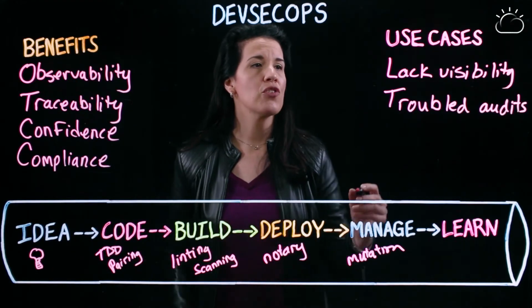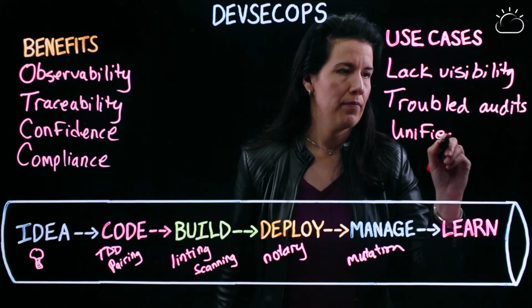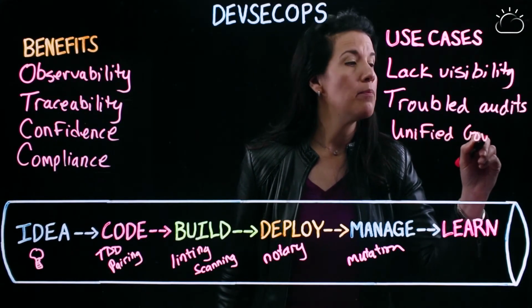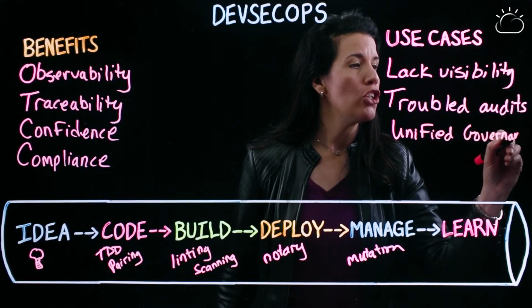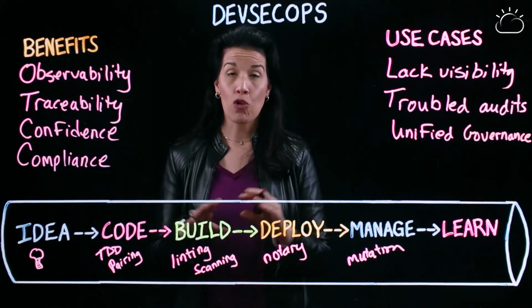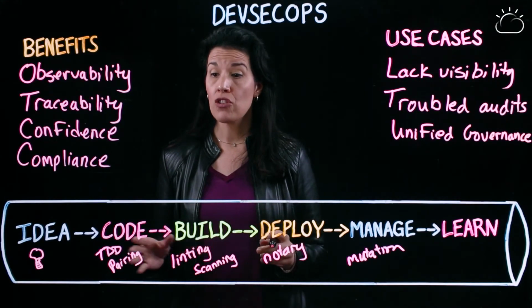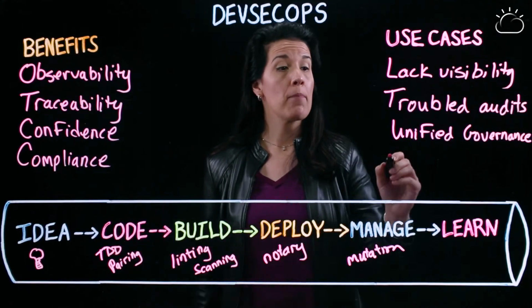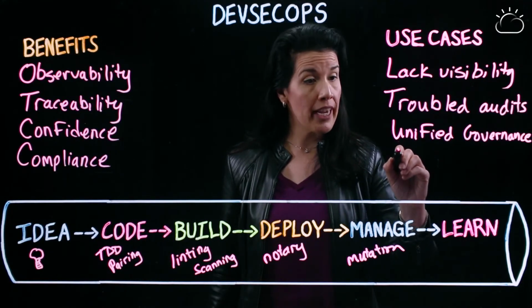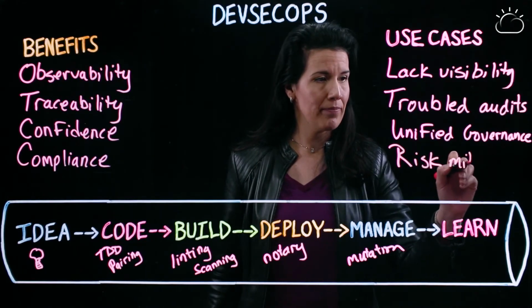If you have issues with unified governance and being able to use this pipeline here across your enterprise in a uniform way. So making sure that we are delivering software by appropriating the right kind of risk mitigation.